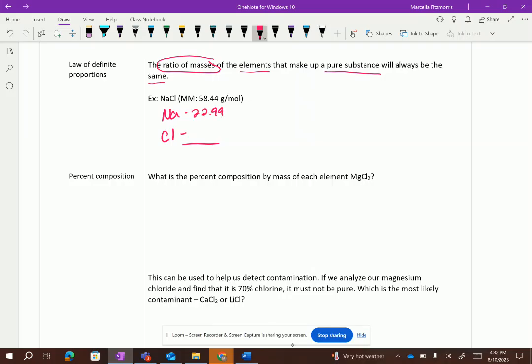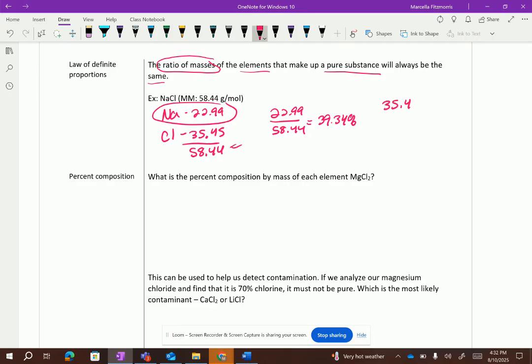The mass of Cl is 35.45 for a total molar mass of 58.44. If we were to take that percent composition, this part, 22.99, divide by the whole mass, we would find that this is 39.34% Na.